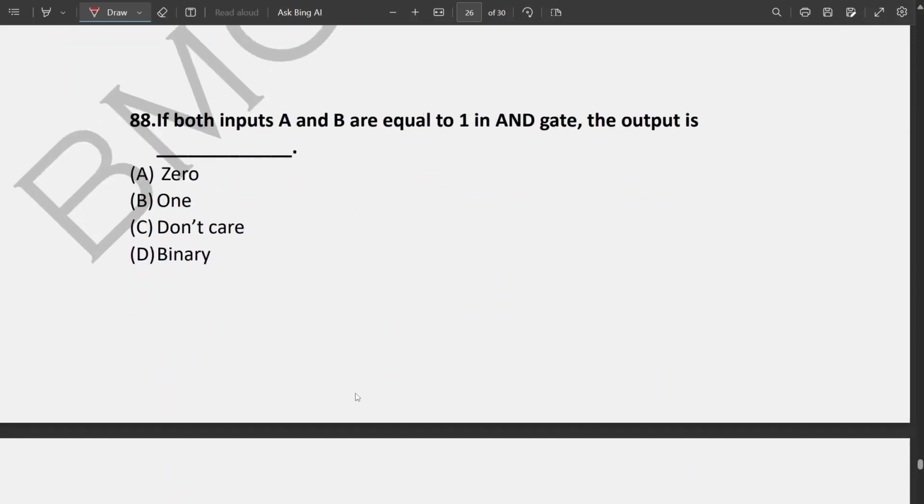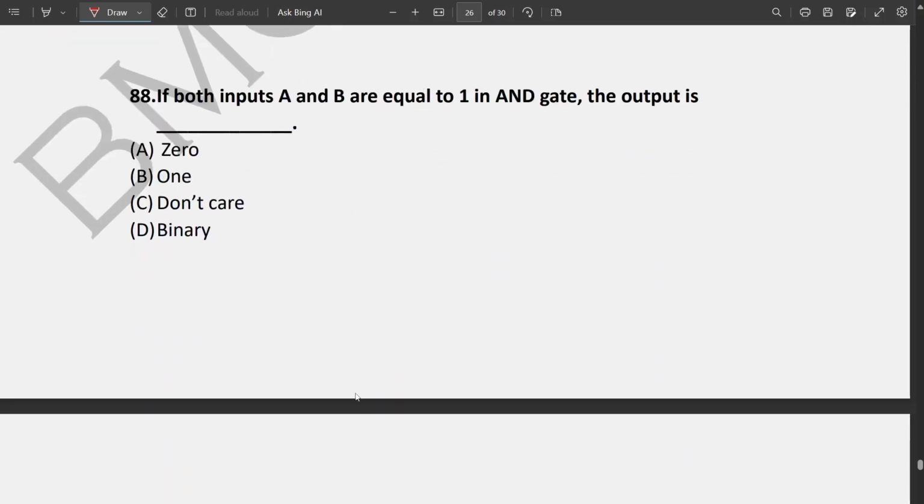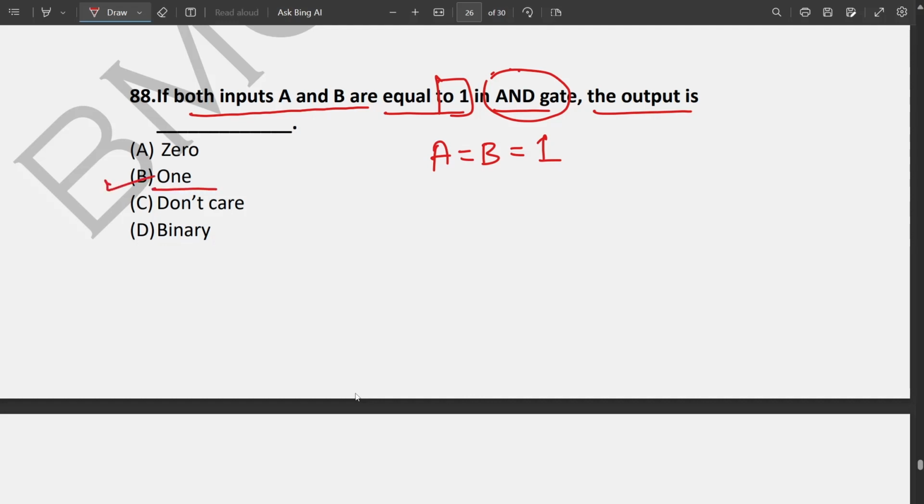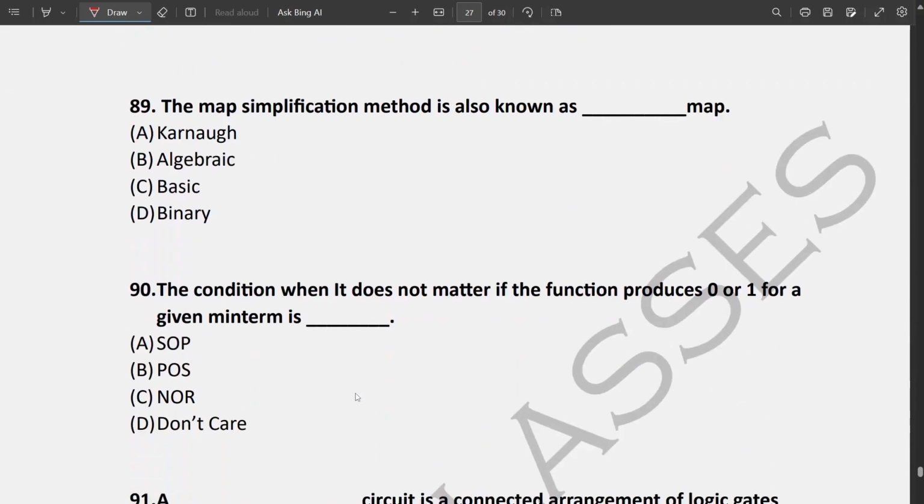Next, question number 88. If both inputs A and B are equal to 1, in an AND gate the output is what? Output will be 1. So the answer is 1. Option number B is correct. Next, the map simplification method is also known as map.